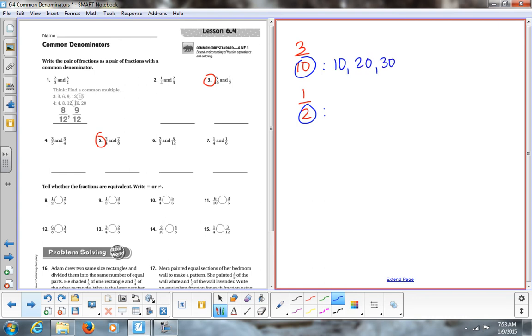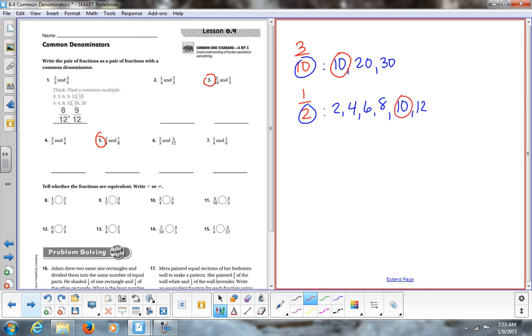Okay, remember I don't have to go above 2 if I don't want to. 2 times 1 is 2. 2 times 2 is 4. 2 times 3 is 6. 2 times 4 is 8. 2 times 5 is 10. 2 times 6 is 12. I can stop there, right? Because I have something that's in common. I have 10 and 10.